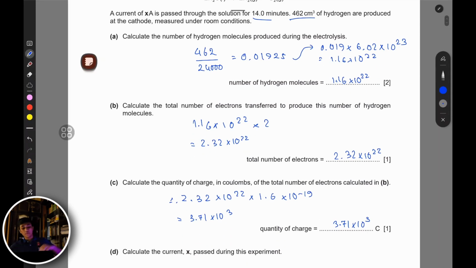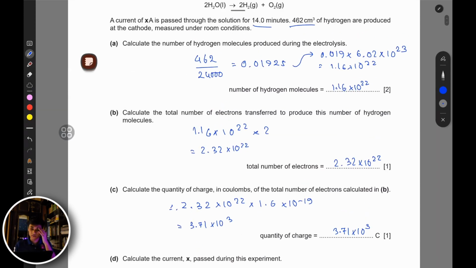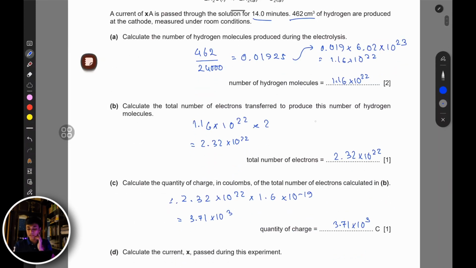Now, question B, what are they asking you? Calculate the total number of electrons transferred to produce the number of hydrogen molecules. Great. If we write down the equation for forming one hydrogen molecule, there's an exchange of 2 electrons, meaning 2 electrons are gained.